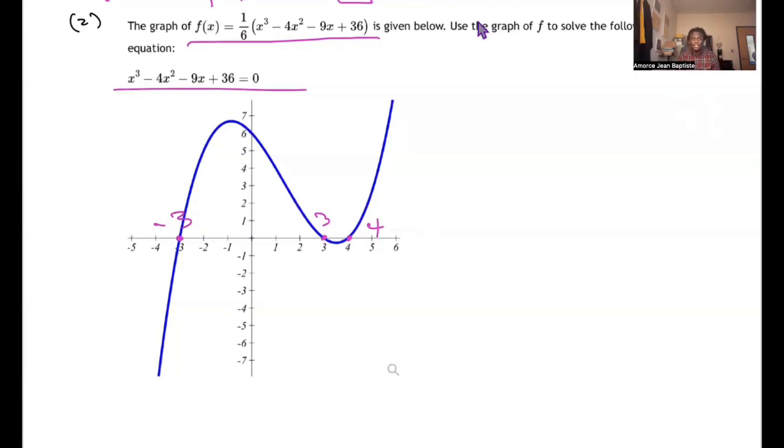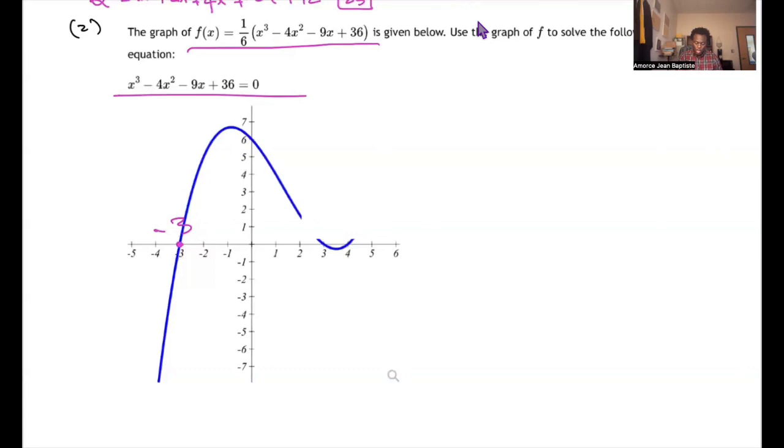But sometimes they only give you some of the solutions. They don't give you all of them, and they ask you to find the rest. Say, for example, they only gave you 1 zero. They only gave you this portion of the graph. And they ask you to find the remaining zeros.